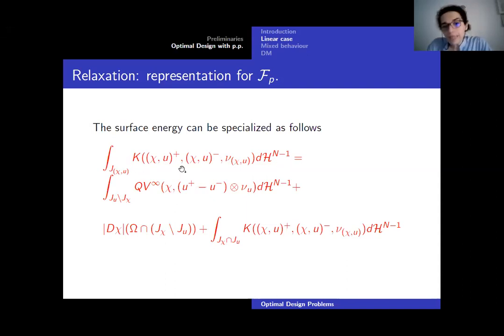Namely, this density, where u has no discontinuities, but just chi has, is nothing but the total variation we started with, on the set where chi has no jump, so essentially we are either in E or in omega minus E. This is the recession function of the quasi-convexification, while on the other part, we got essentially the full interaction between the two fields.